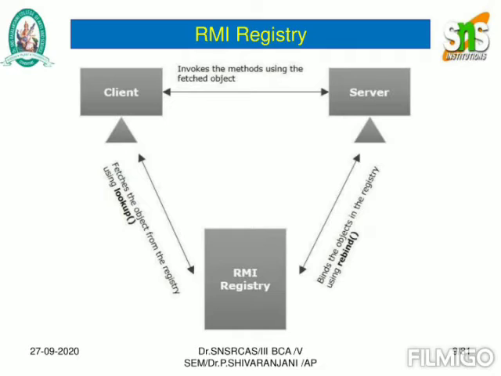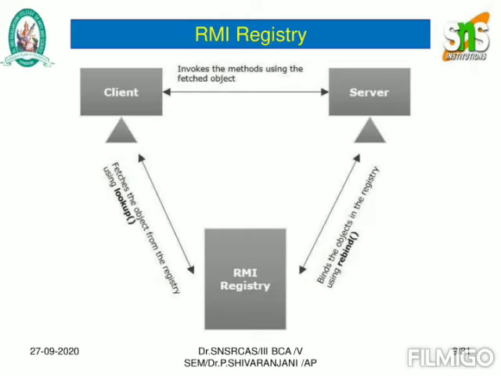Here you have a client and the server. The client will invoke a method by using a fetched object from the server. If a connection has been established between the client and the server, it is necessary to use a method called rebind.